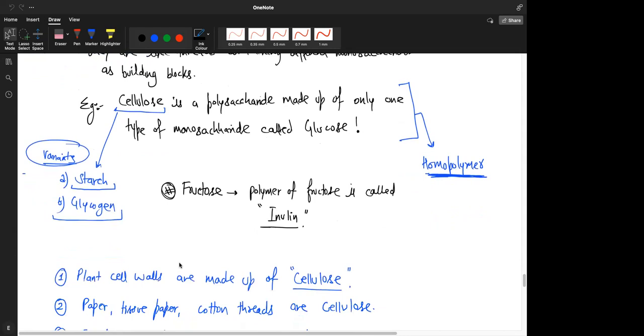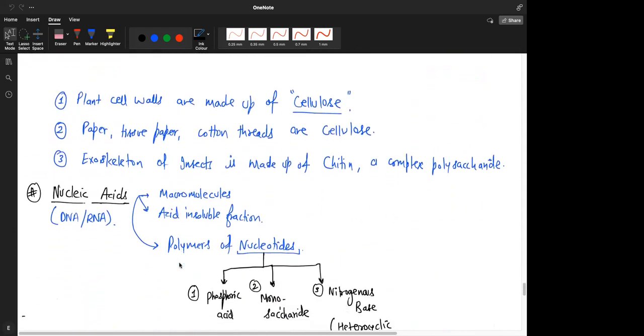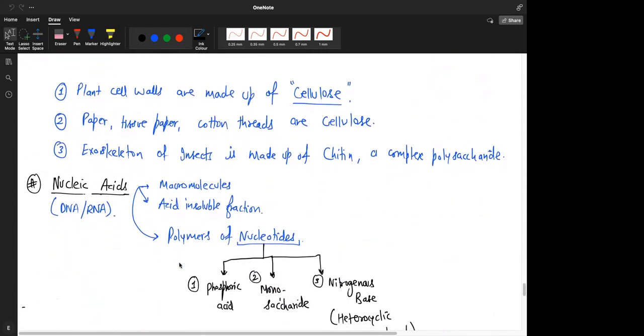Then we have plant cell walls that are made up of cellulose, and chitin, which forms the exoskeletons of insects and arthropods. Complex polysaccharides are also there. There are polymers of nucleotides, which consist of phosphoric acid, monosaccharide, and nitrogenous bases.